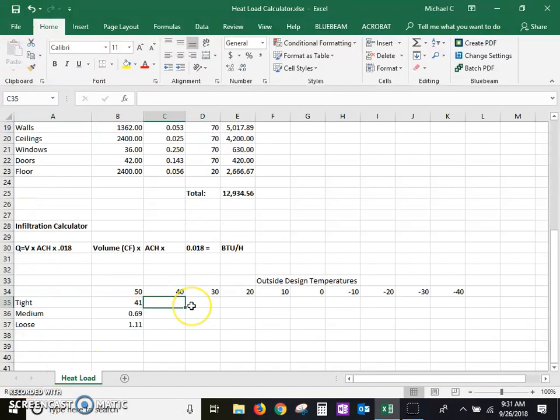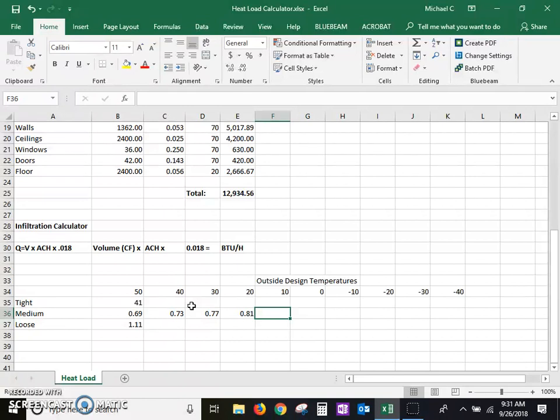So I'm going to build just a spreadsheet here where we'll assess a median for now. 0.73, 0.77. These are your air changes per hour based on the different design temperatures.